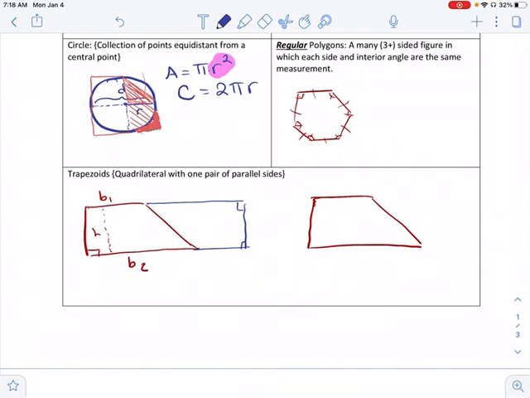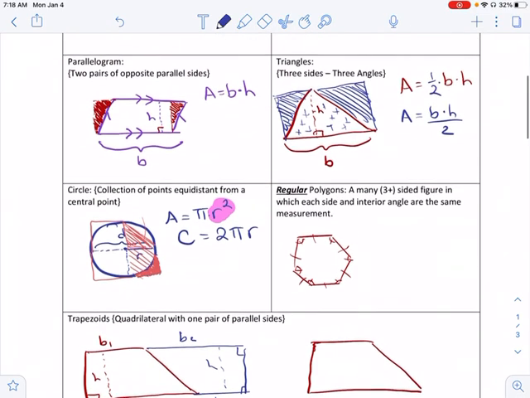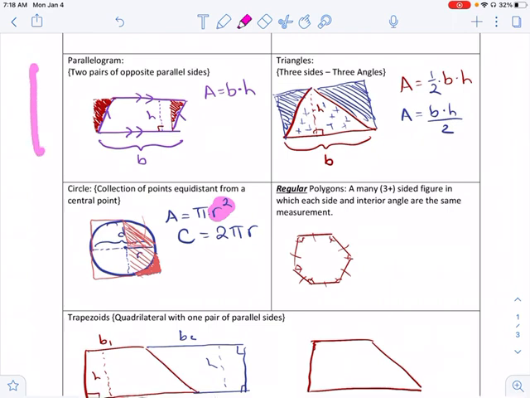And this, if we take a look, this is B2, B1 after I make this switch, and this is height. So if I'm trying to find the area of that combined shape right now, then that would be base 1 plus base 2 times the height, right? That goes right off of this parallelogram equation right up here.